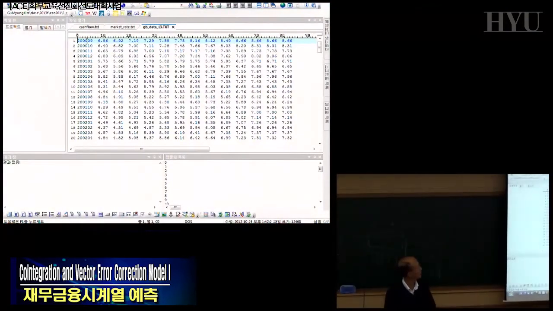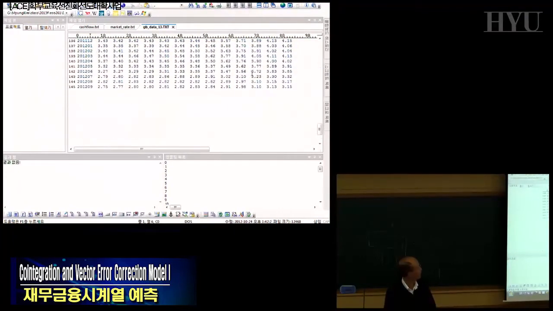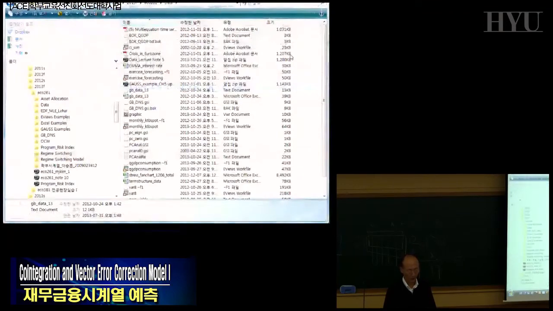It looks like this: September 2000, October, and so on, right? And then 13 spot rates. So I believe it has something like 145 observations. Okay? So this is the data.